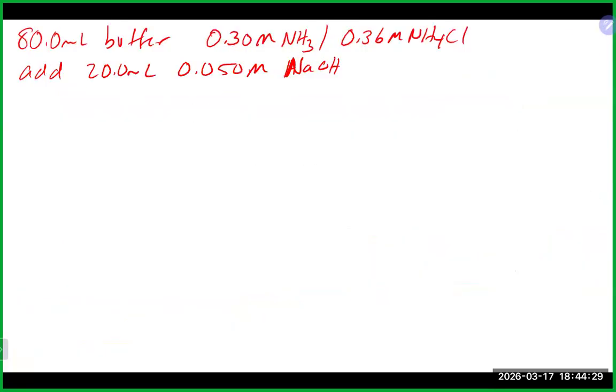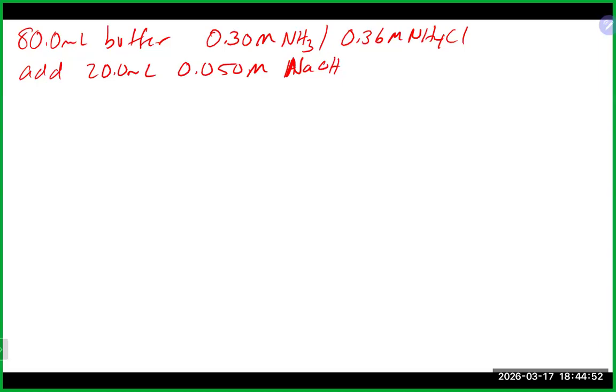So this is obviously a situation where we are adding solution to our buffer, so we're adding volume to volume. So we do need to do an ICE table here. This ICE table does need to be done in moles to see how our buffer is going to change as a result of adding this sodium hydroxide to it.